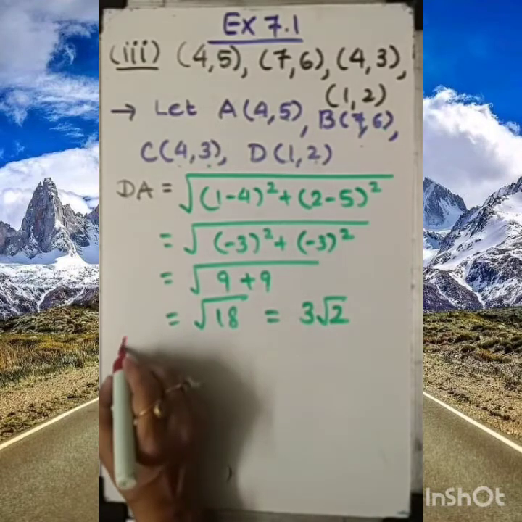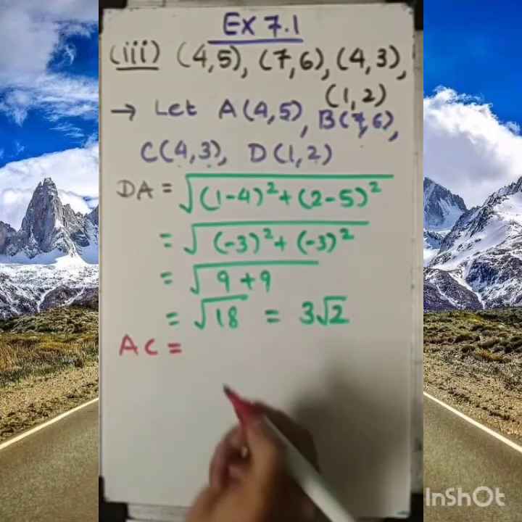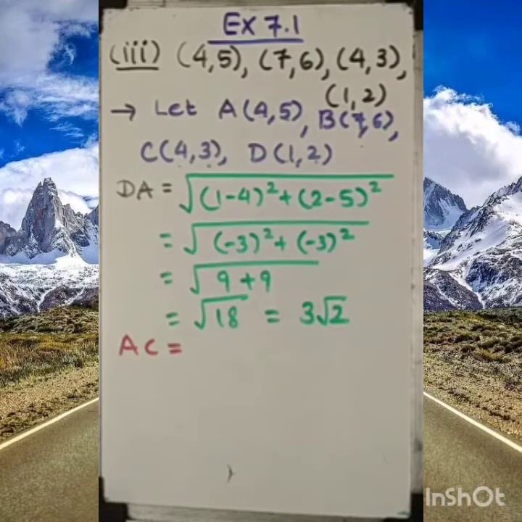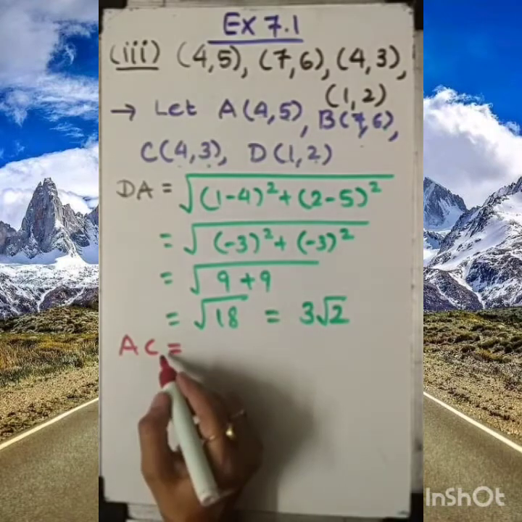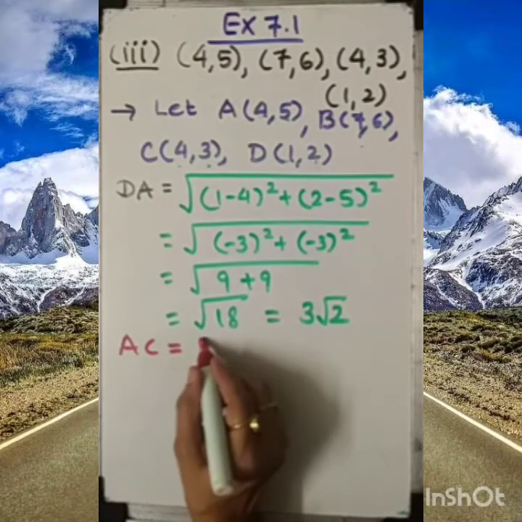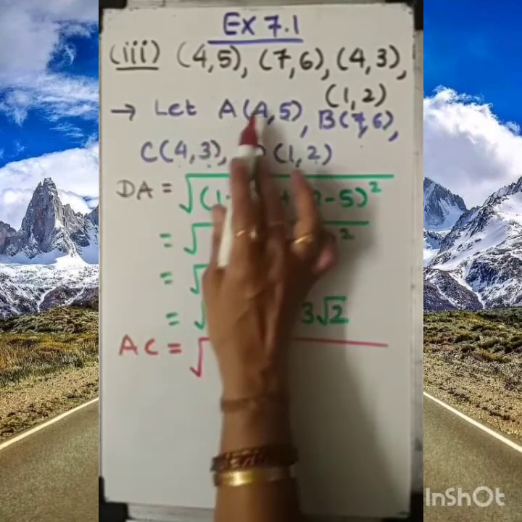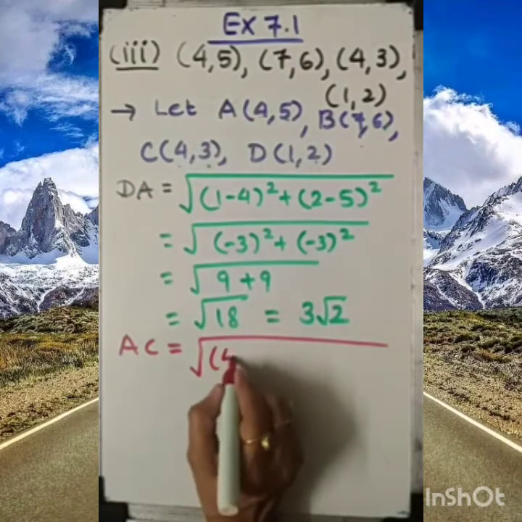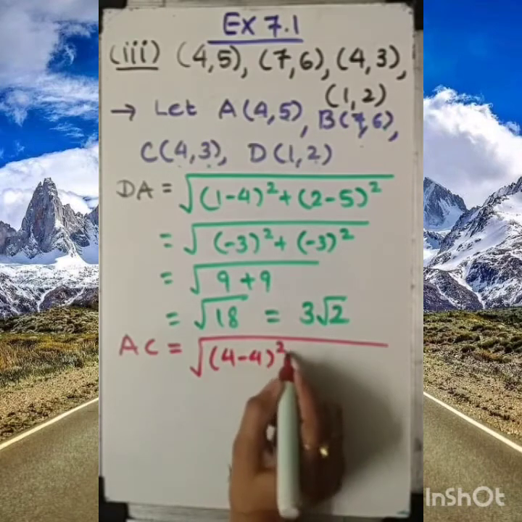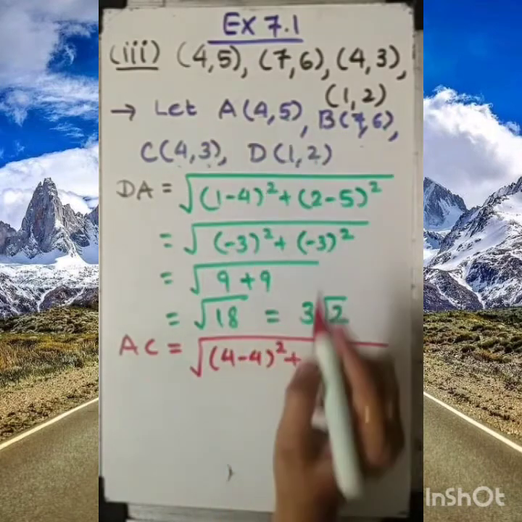We need to work out the diagonals also to say the type of quadrilateral. So let's go with the AC. For AC we need to find the distance between A and C. So 4 minus 4 whole square plus 3 minus 5 whole square.